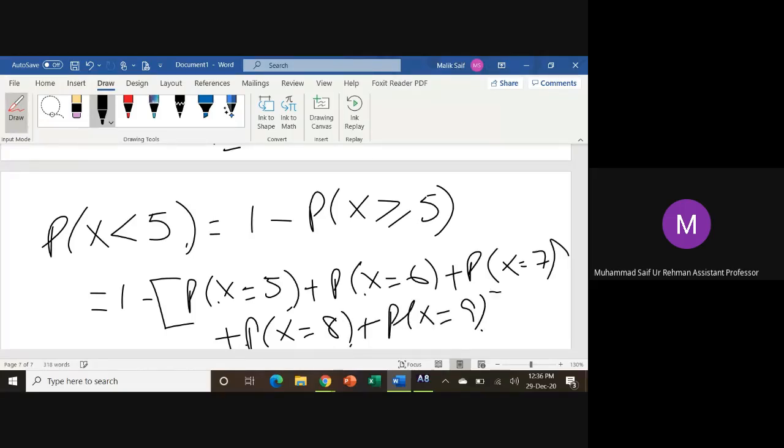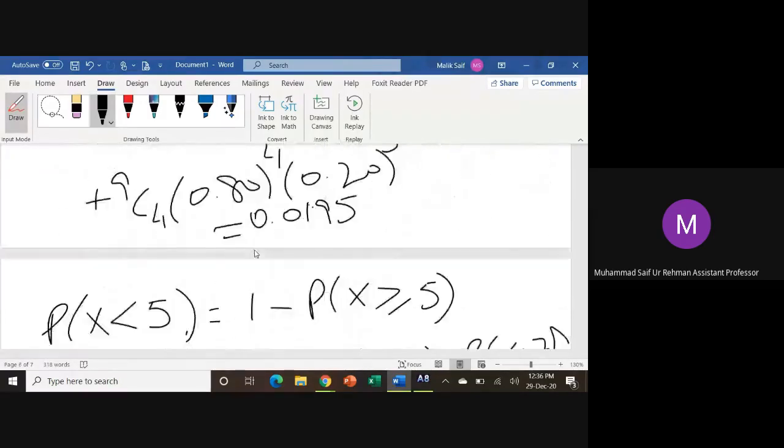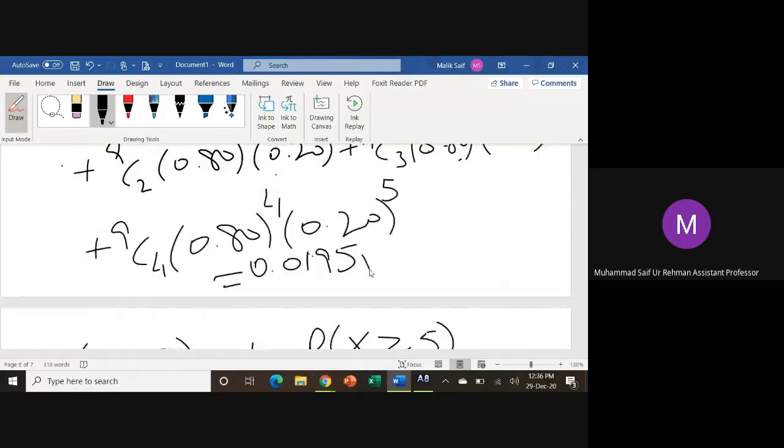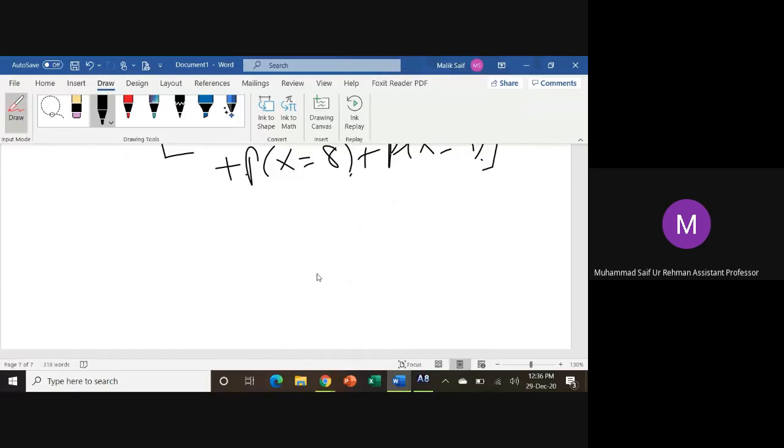So now again you use the formula NC5, so 9C5 0.80 power 5. So you will use this strategy. Finally, when you calculate all these and subtract the answer from 1, you will have the same answer, 0.0195, exactly this answer. So by using both strategies, you will be at the same destination.